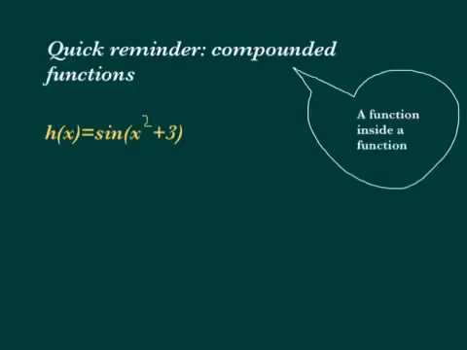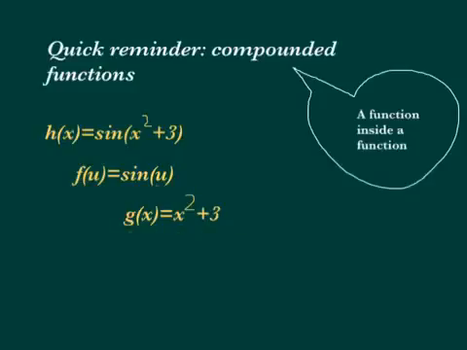The name of our function is h(x), and we're going to have to split it into two separate ones. The first one, as we said, is f(u) equals sine of u, and we have to be a bit careful because we can't say it's sine of x, because x is the one that's inside the second function. Our second function, the one that's inside the first one, is g(x) equals x squared plus 3.